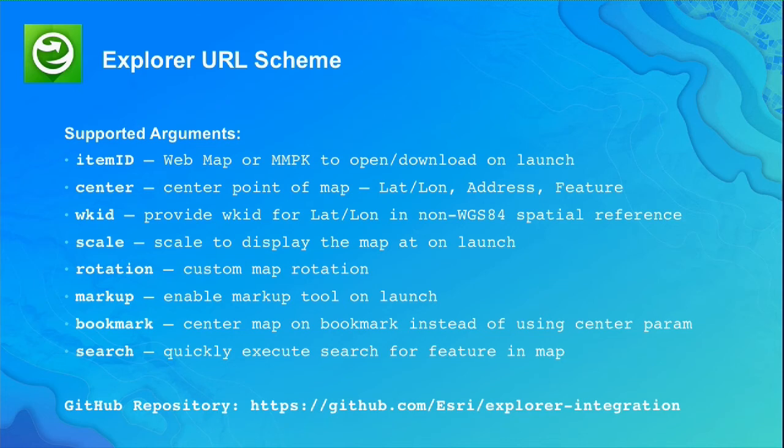If you have a bookmark defined in your web map or your mobile map package, you can just provide that name and it will launch to that viewpoint. You can also provide a search. It pretty much gives you the same experience as if you were searching in the map, except it bypasses all the manual process of doing that. So you can provide a hydrant ID of something in your map and it will search for that and then display it in the pop-up for you immediately on launch.